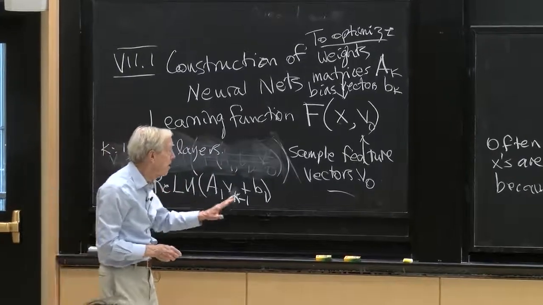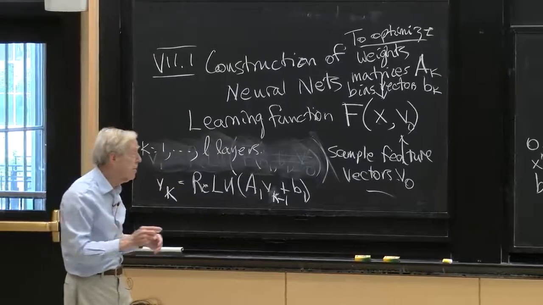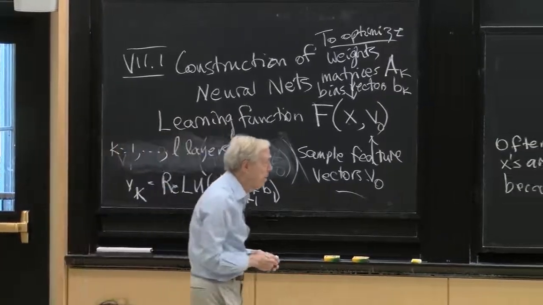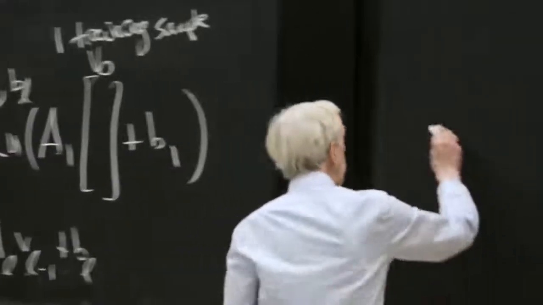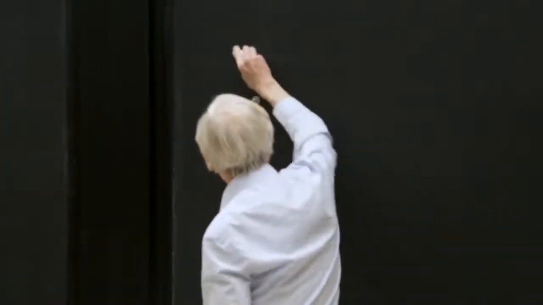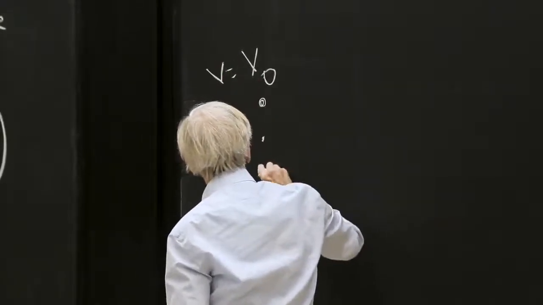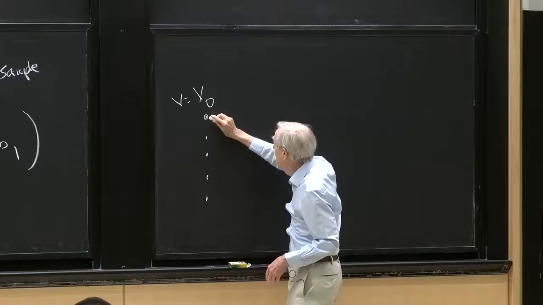You see here I can draw the picture, but of course a hand-drawn picture is far inferior to a machine-drawn picture, an online picture. But let me just do it. So there's v. The training sample has some components, and then they're multiplied.